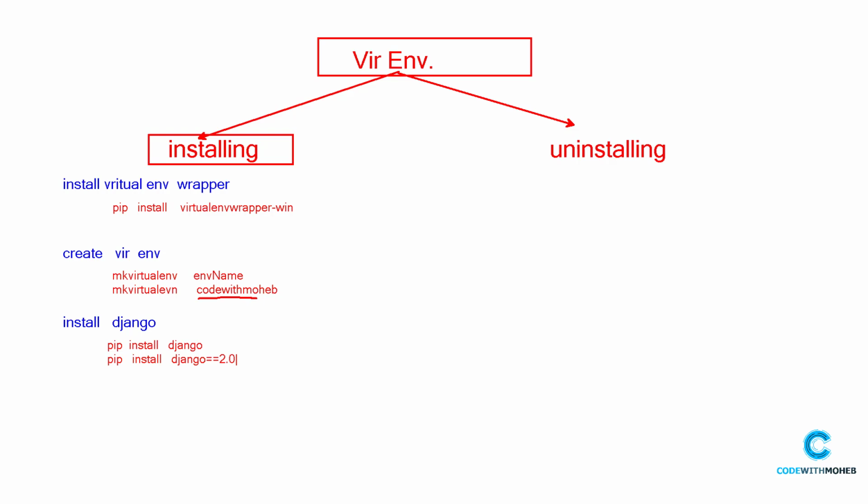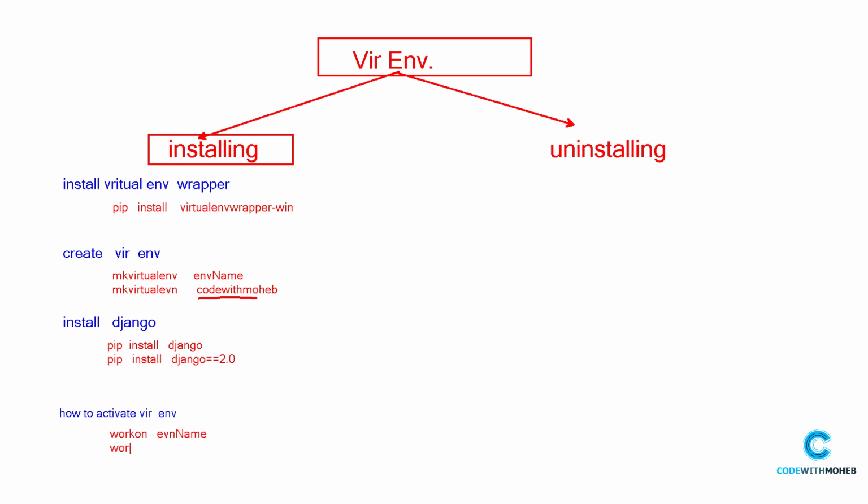Now these are the 3 steps that we have to do. In case you have closed your command prompt, to activate our virtual environment, we can write the command below, that is workon, then we write the virtual environment name. Let me write here how to activate virtual environment. To activate virtual environment, we just type workon and the environment name.